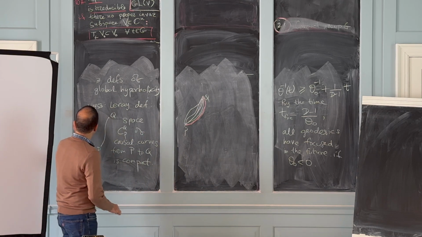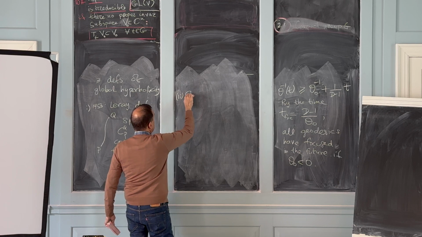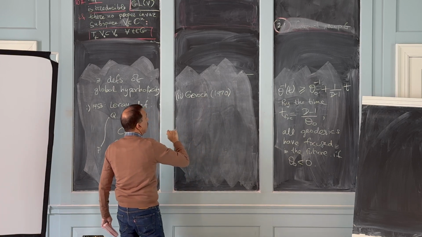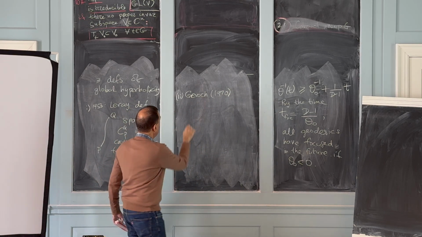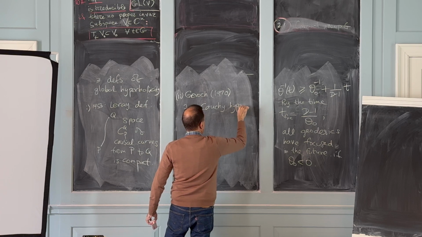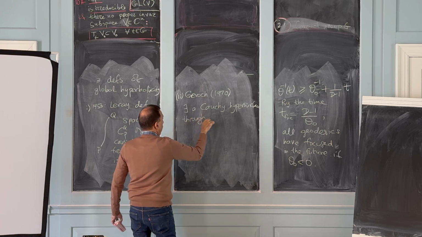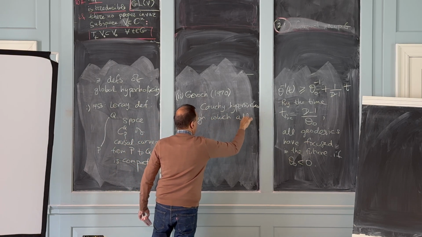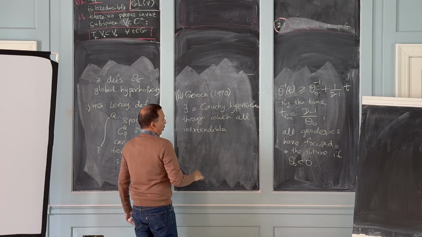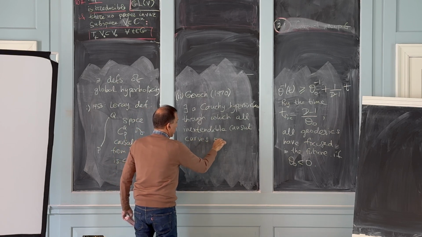Good. So this is definition 1. Now definition 2, it's not really in time order, but this is Gerosh, 1970, and this is the statement that there exists a Cauchy hypersurface through which all inextendable causal curves pass.